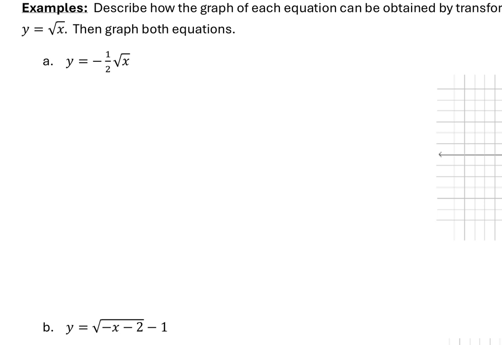We don't have any horizontal stretching, compressing, or reflecting because, again, the only thing inside my square root is an x. But we do have some vertical stuff going on. And so the first thing that we have going on with this is I do have this 1/2 on the outside.